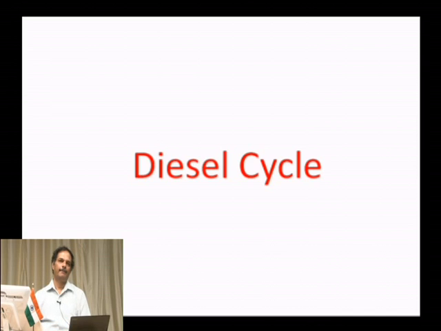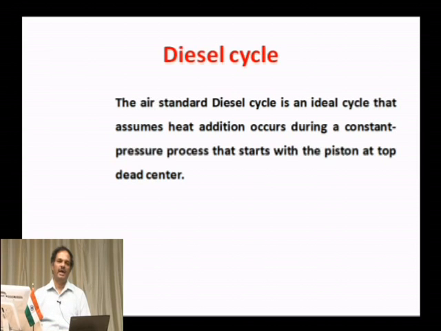Now, next is the diesel cycle. The Otto cycle is used in the spark ignition engine, that means all petrol engines work on the principle of the Otto cycle, with two constant volume processes and two reversible adiabatic processes. Now coming to the diesel cycle, the air standard diesel cycle is an ideal cycle that assumes heat addition occurs during a constant pressure process that starts with the piston at top dead center.